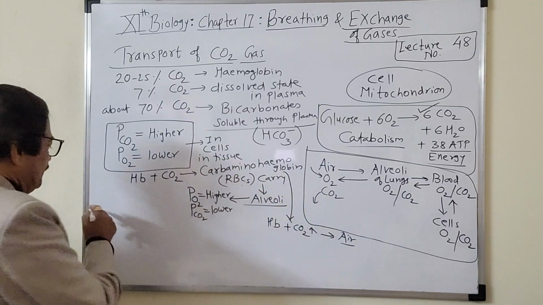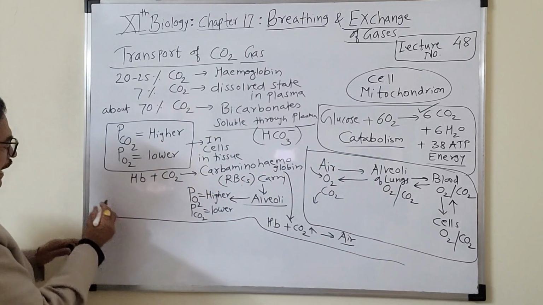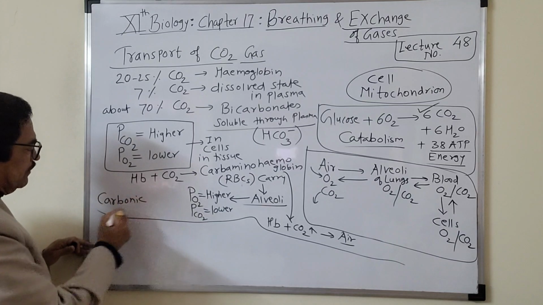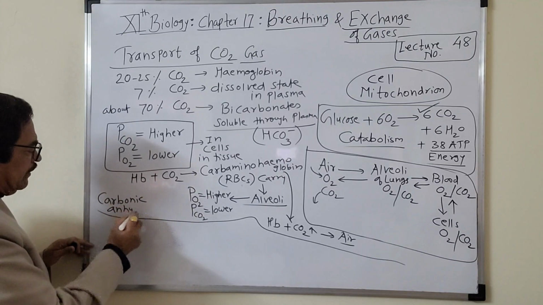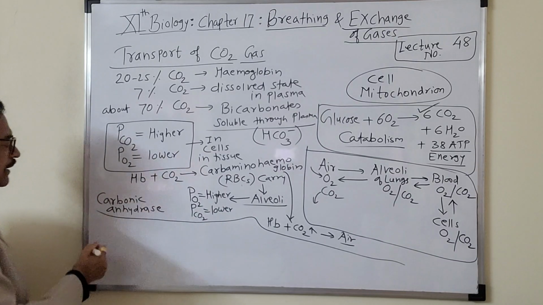अब bicarbonate form होने के लिए एक enzyme लगता है. Okay, and that is called as carbonic anhydrase. Carbonic anhydrase enzyme is controlling the formation and the splitting of that.